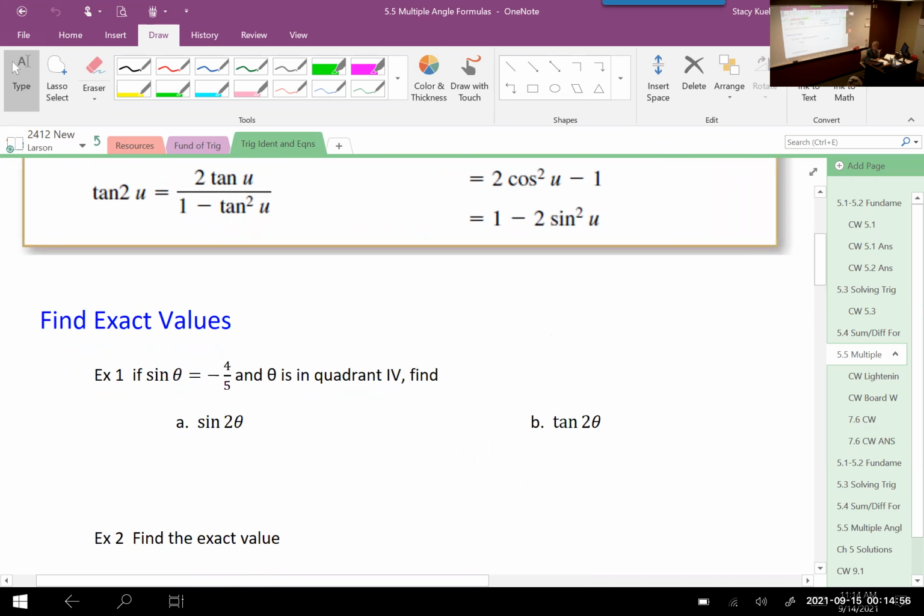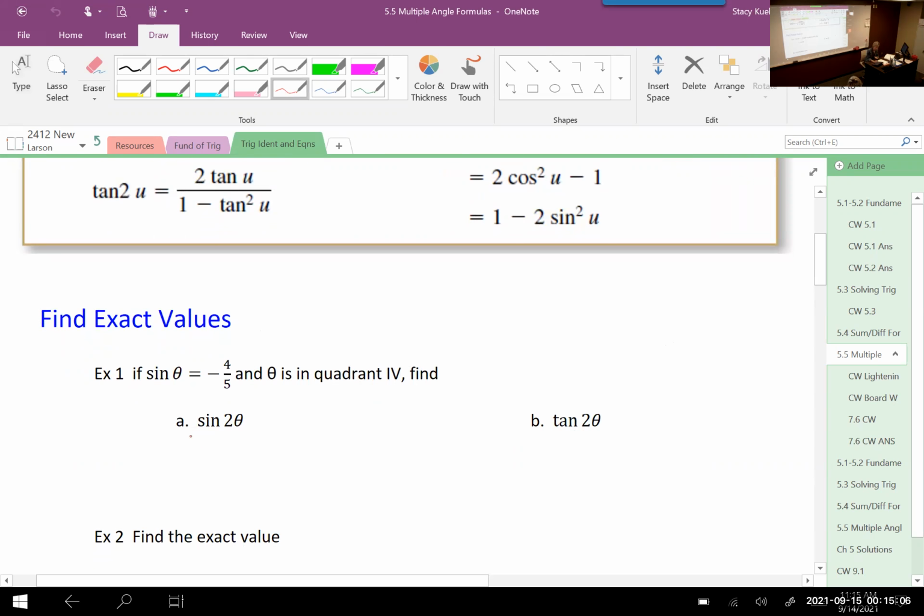I've got those two components to use to break down what I need when finding the identity. According to our formula up there, sine 2 theta is the same thing as 2 sine theta cosine theta.